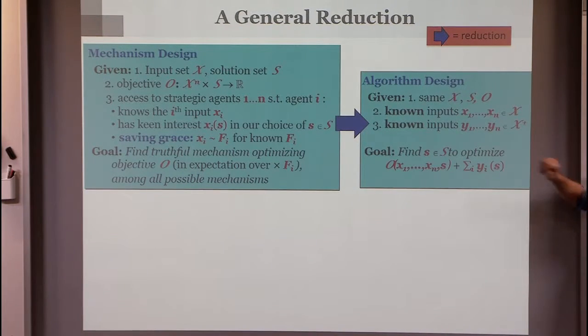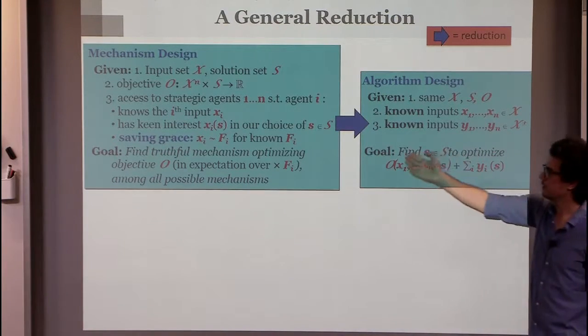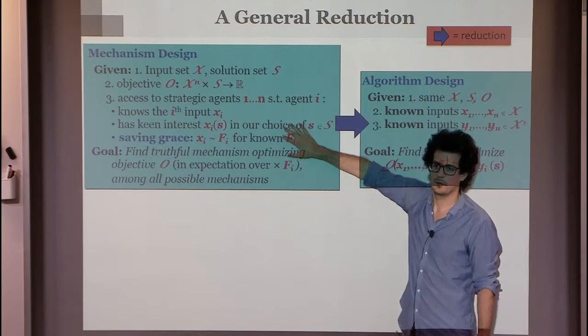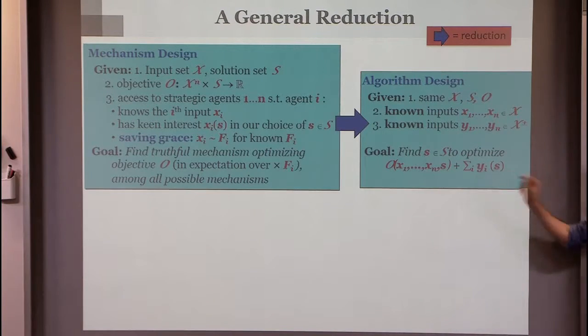Now the x's come from the original set. The y's come from the closure of that set under linear operations. That's why I have this plus-minus here. So this algorithmic problem is related to that, but it's not the deterministic version of this problem, because I have changed my objective to add this welfare term.